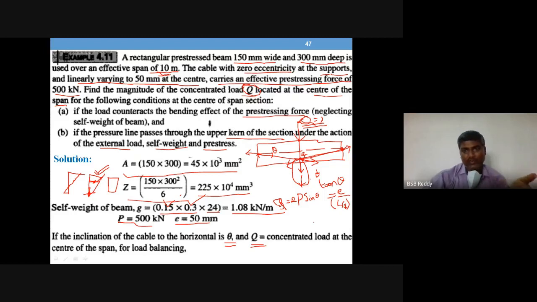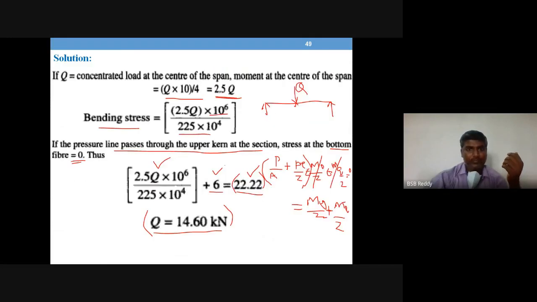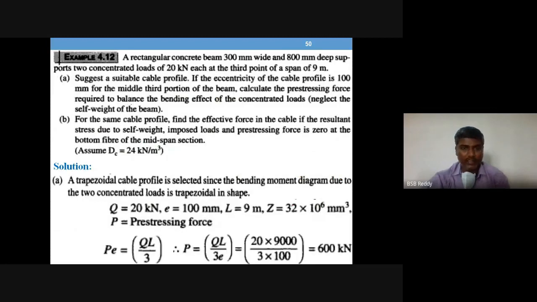Here it is given in a reverse order: you have been given the P value, the pre-stressing force, and what load it can resist, for the two different cases, right? Okay, done.